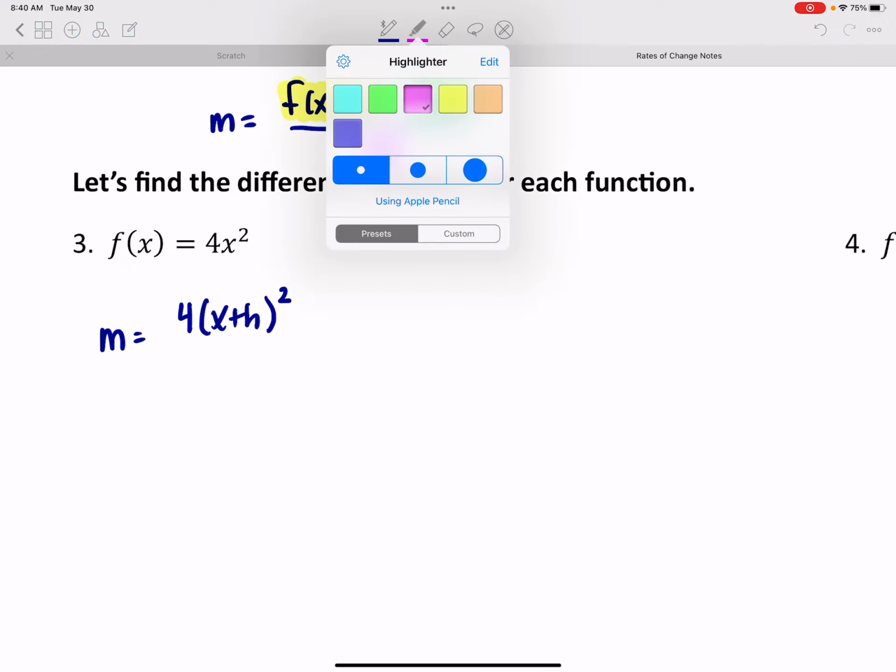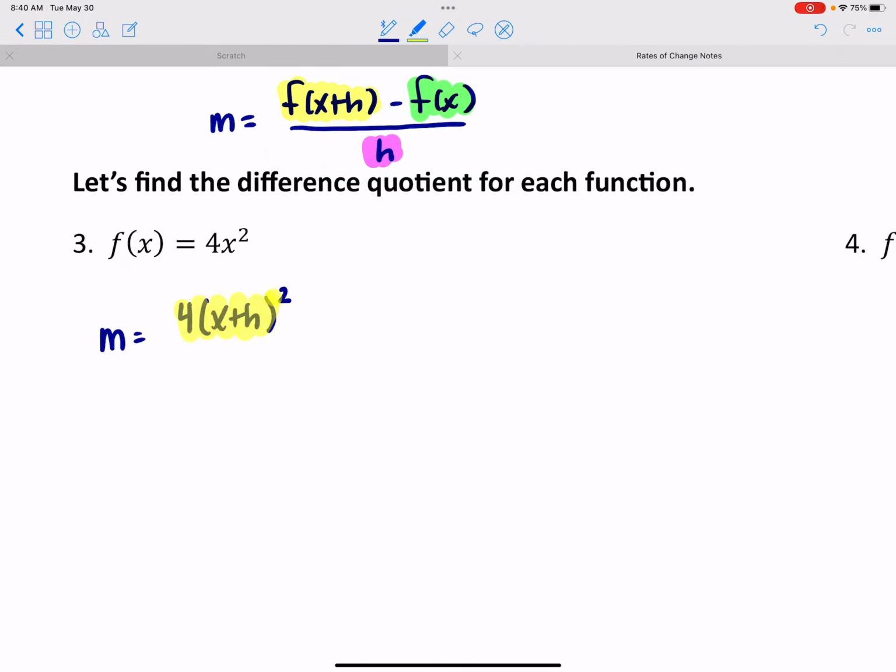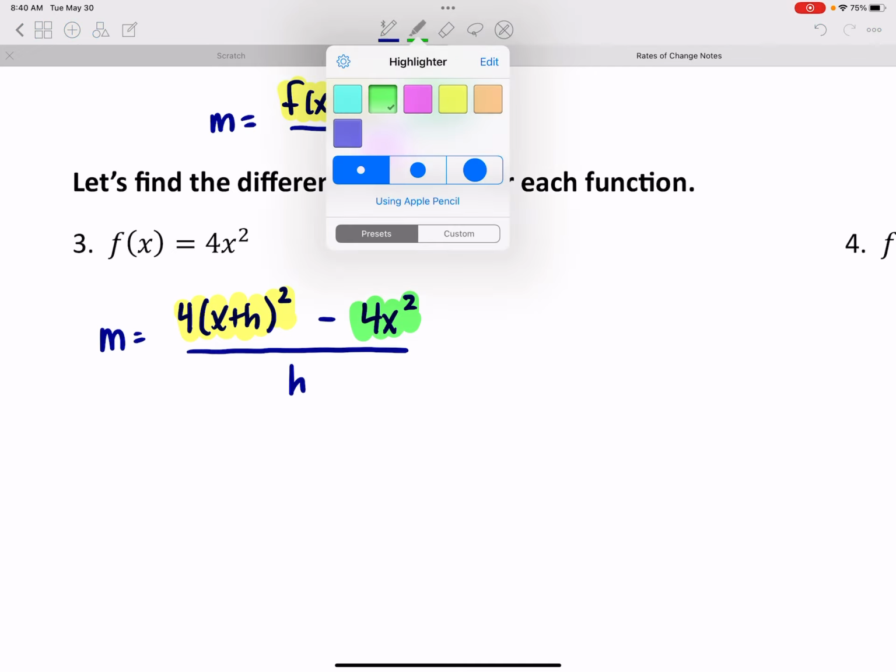And that's it for f of x plus h. So this is that first component. Now I want to subtract f of x, the function itself. So I want to subtract my 4x squared. So there's my second component. And now the formula says take all that and divide by h. So honestly, half the battle right there, just making sure everything gets plugged in.